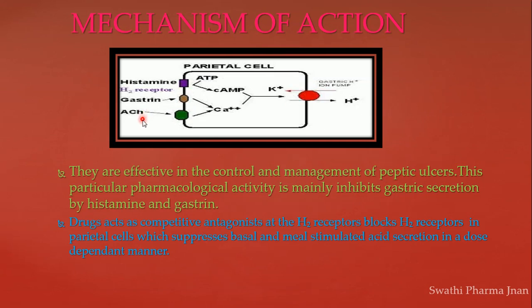By blocking the H2 receptors in the parietal cells, they will suppress basal and meal stimulated acid secretion in a dose dependent manner. So that is how we can control the gastric acid secretion and treat the peptic ulcer.